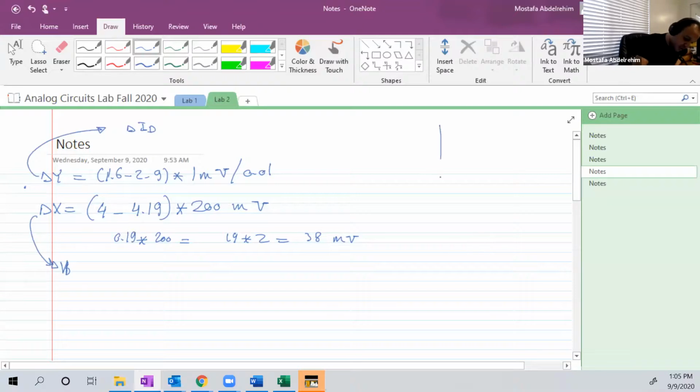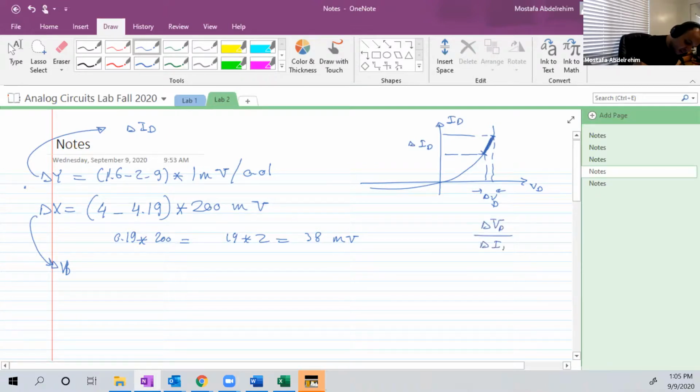So it's like we have our curve in here. This is ID, this is VD, and we choose 2 points. This is delta VD, and this is delta ID. To know the resistance, the slope of that, we just need to divide delta VD by delta ID.